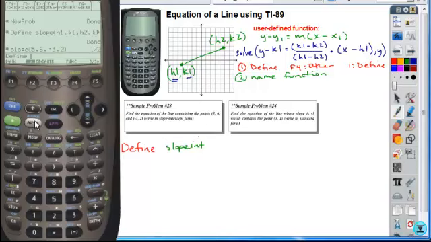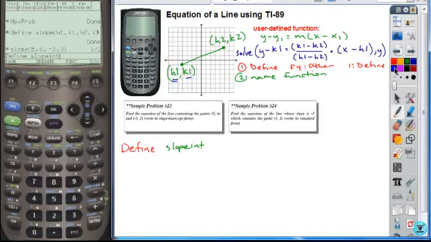If I alpha lock my TI-89, I can just start typing this in. Type in your words, slope int, for slope intercept, then deselect the alpha lock key. Move to the next step, which is to identify the order of inputs.